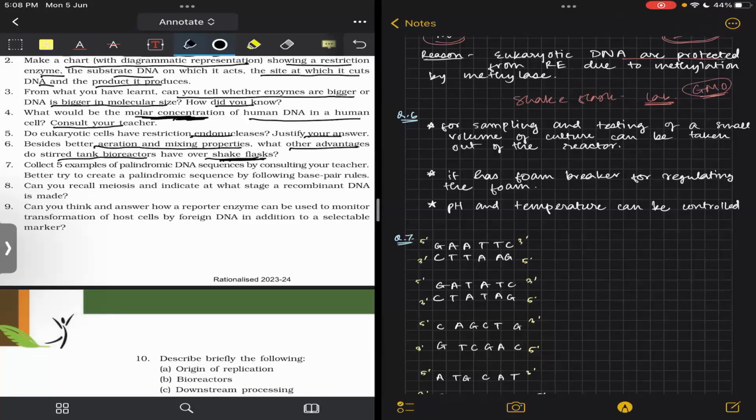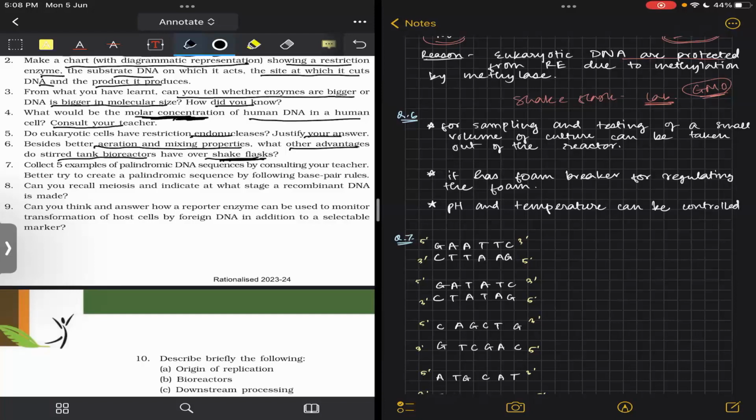And we use the bioreactor when we have to produce the product, that is the protein, at a large scale for industrial level, because we have to make the process efficient for that.